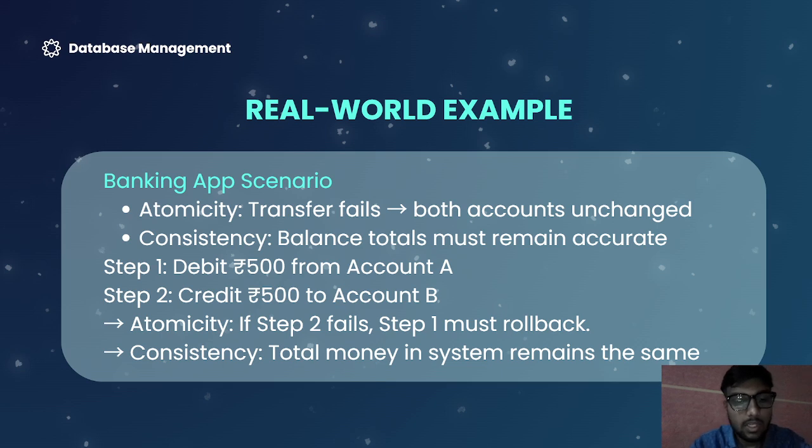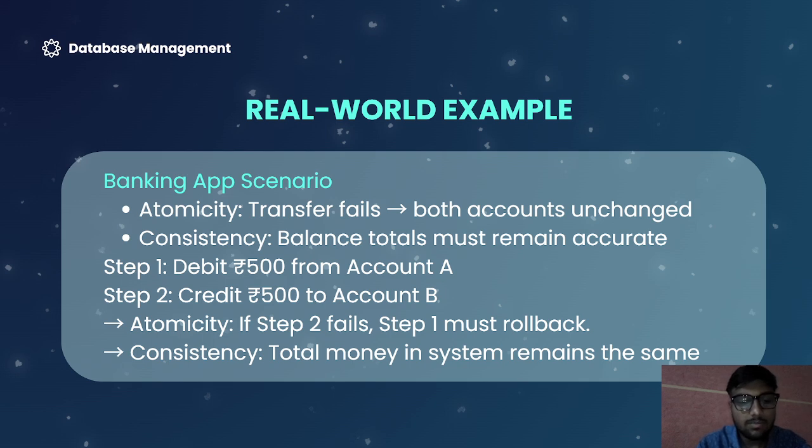So let's talk about a real world example, a bank app scenario. Say you are transferring 500 from account A to B. Atomicity ensures that if the transfer fails at any step, neither account is affected, and consistency ensures that the total amount in the system remains the same even after the transaction.